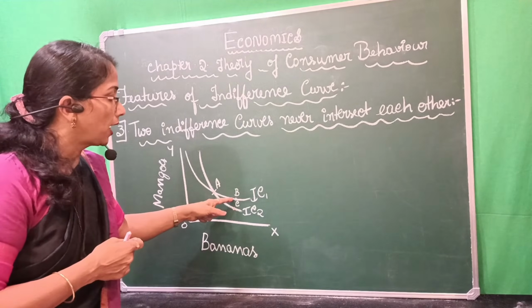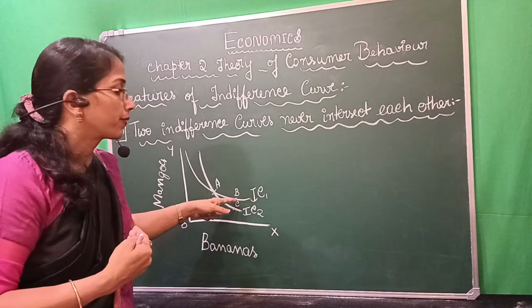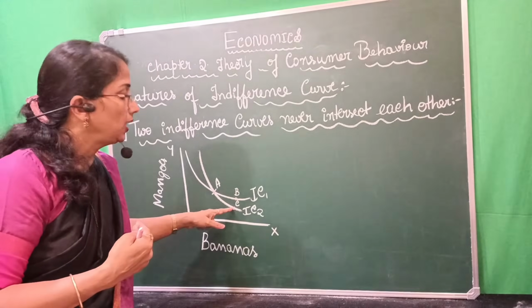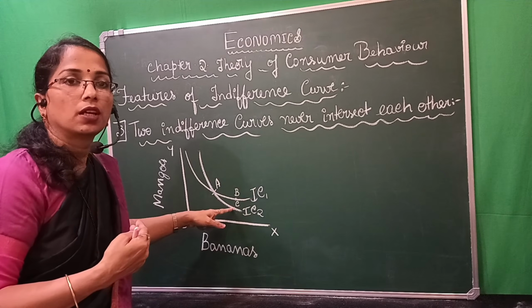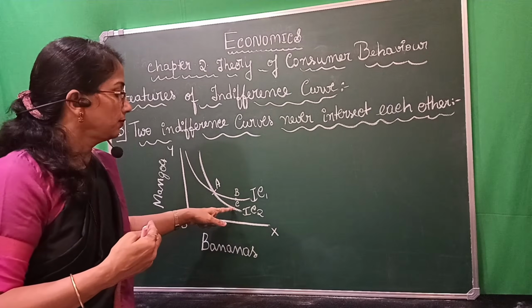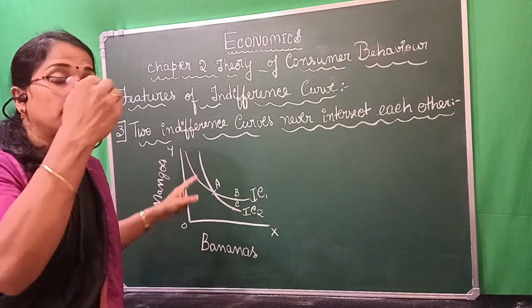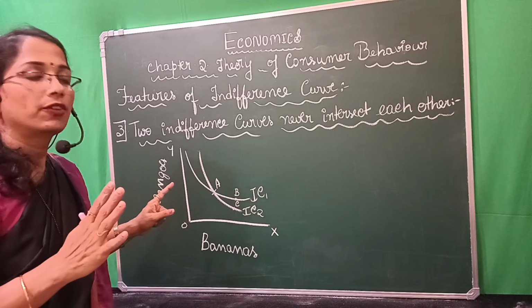Because B is lying on the lower indifference curve IC1, and C is lying on the higher indifference curve IC2. According to our features, the higher the indifference curve, the higher will be the level of satisfaction.